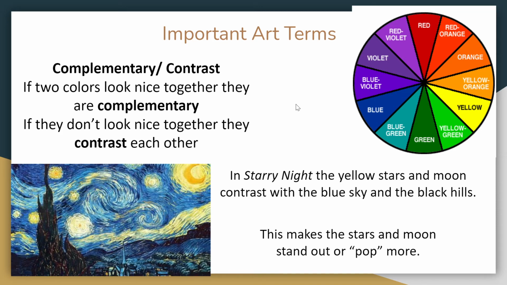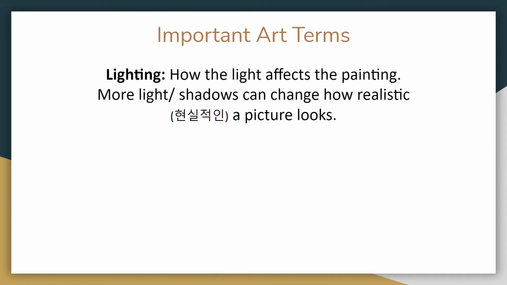So let's continue. The next art term is lighting, how the light affects the painting, right? More lights and more shadows can change how realistic a picture looks.